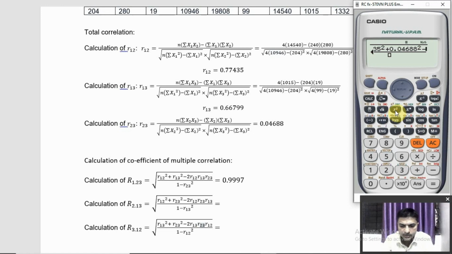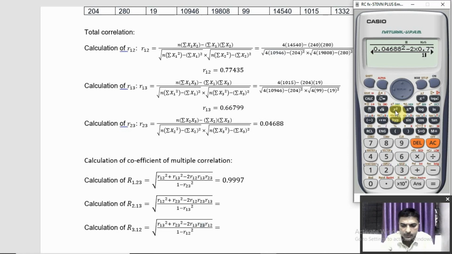Then we have minus 2 into R12, 0.77435, into R23, 0.04688, into R13, 0.66799.